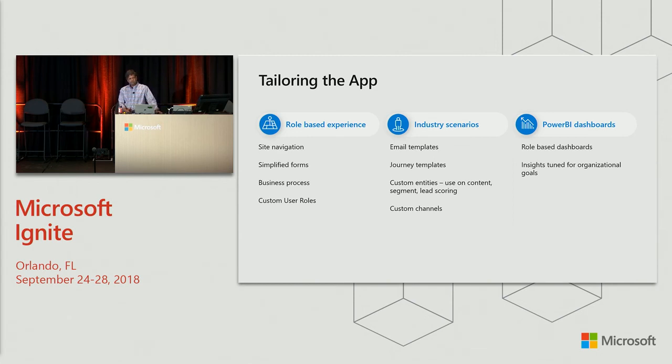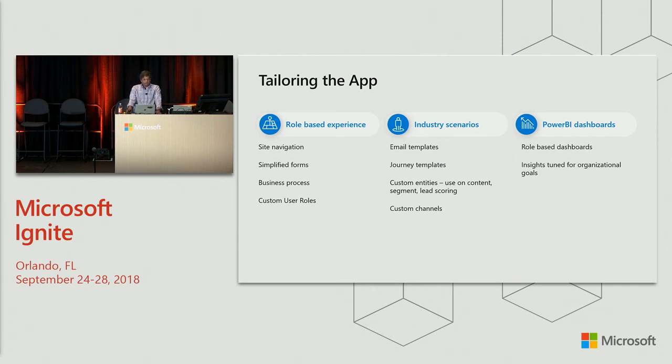I mean, very, very simple things like, you can customize user roles, and for personas who do not want to see, maybe it's a very limited role that they want to play, you can customize the sitemap to not show them extra features. You can use business process to simplify all of these entities.